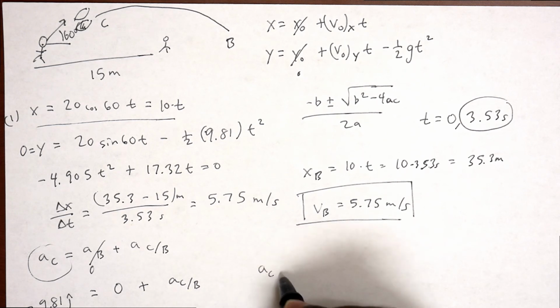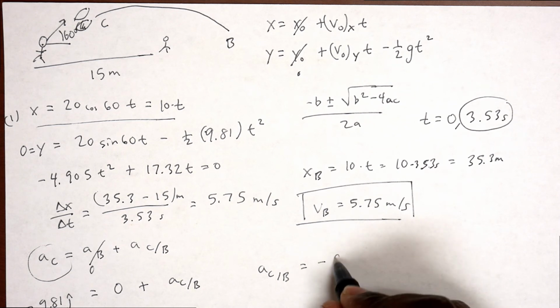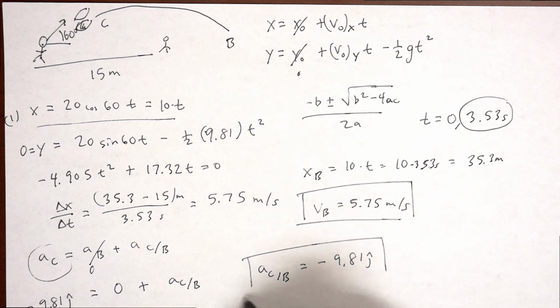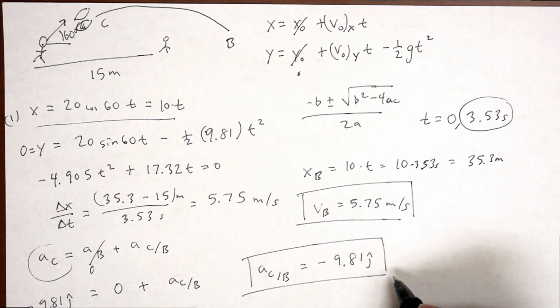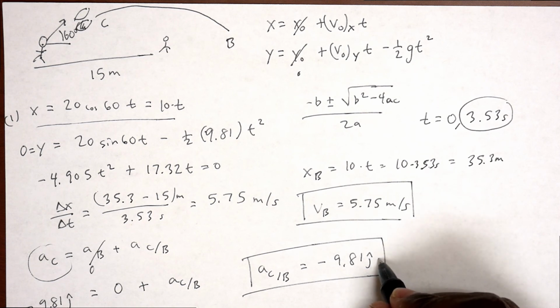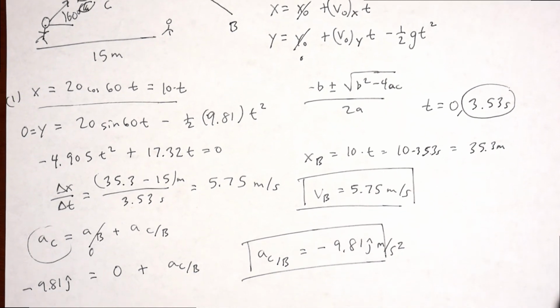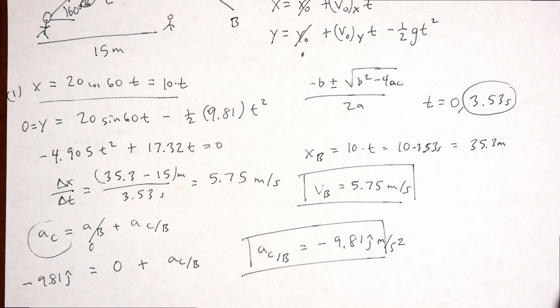So A of C with respect to B would be equal to negative 9.81 j. So that would be the value of our relative acceleration of C with respect to B. And let's make sure we include our units there. So that's meters per second squared. So that is the solution of our bonus problem on exam 1.